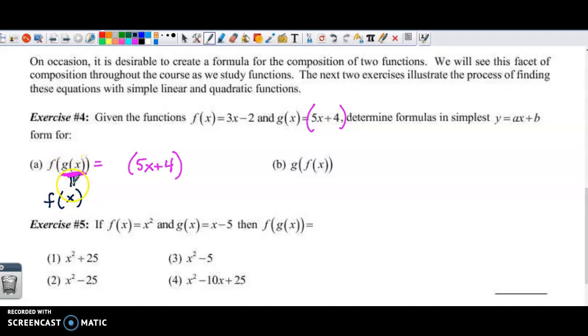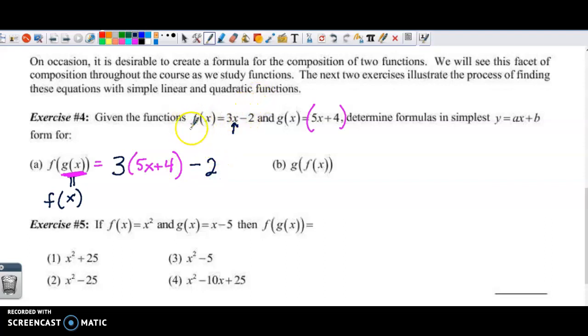And we're replacing x in the problem with g of x. So I need to replace this x with this function. So I'm taking out the x, and I still have the 3 times that function, g of x, minus 2.